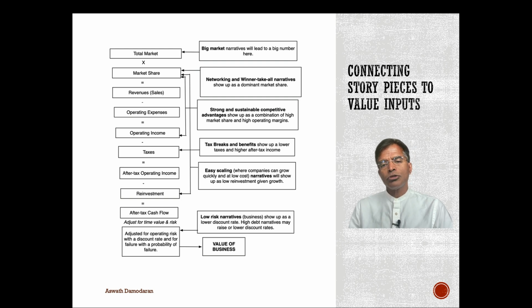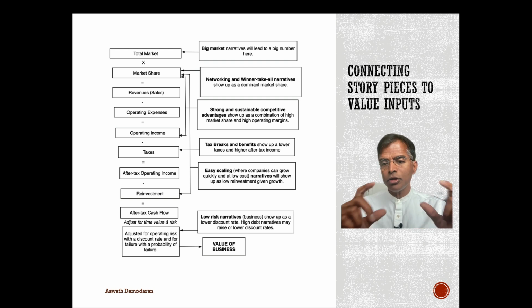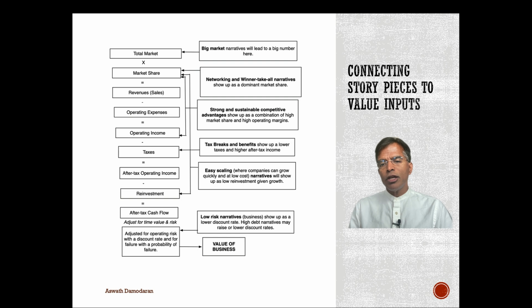So let's suppose your story is about a company that is approaching a really big market, geographically like China, in terms of business like AI. My job is to show it in the market you're going after, the total market. If your story is about how your company is going to dominate its market, be able to capture a large share of that market, my input that will reflect that is your market share.